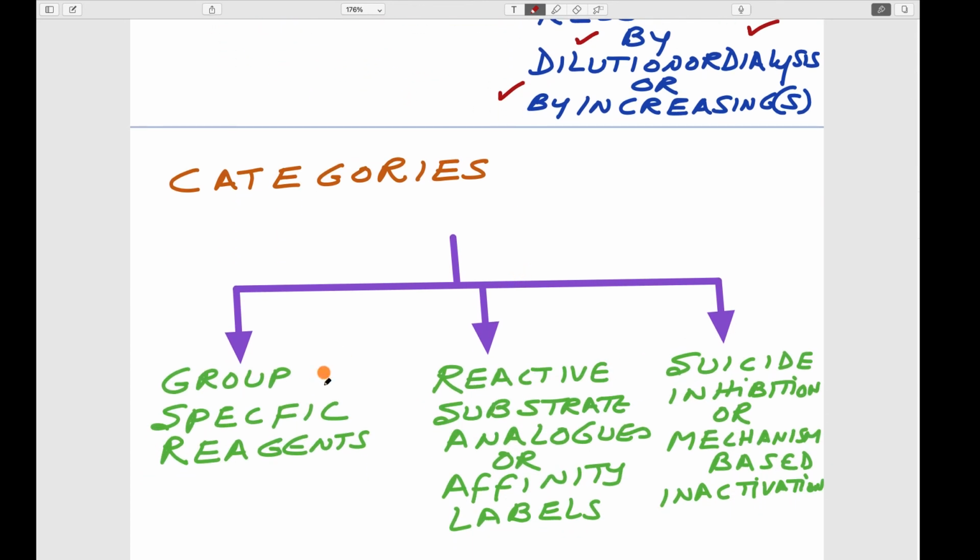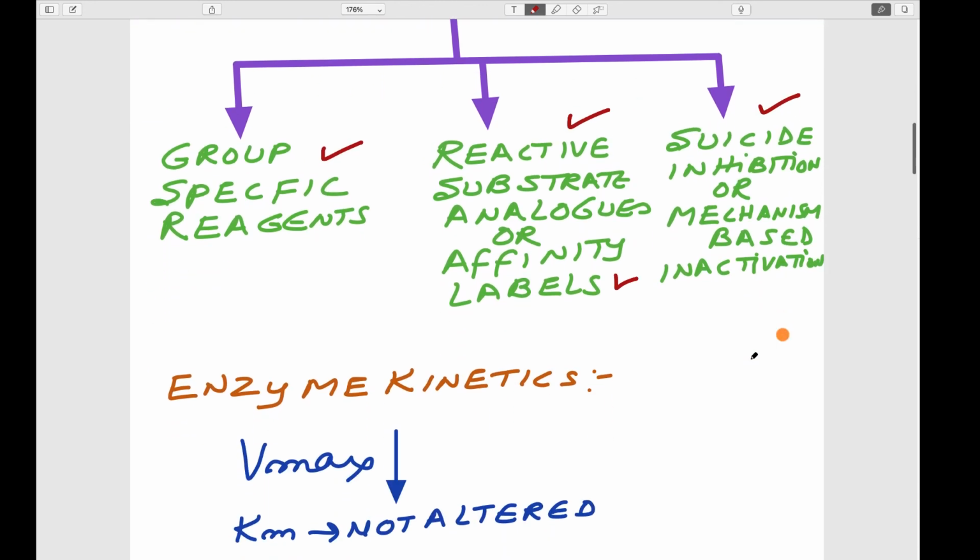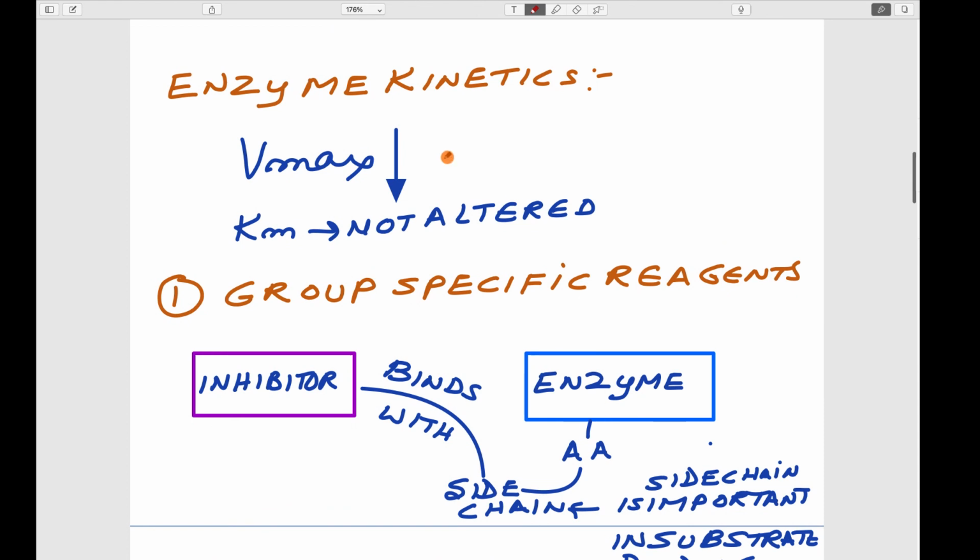Three categories are there: group specific reagents, reactive substrate analogues or affinity labels, and the third one is suicide inhibition or mechanism based inactivation. Enzyme kinetics: V maximum is decreased, Km is not altered.